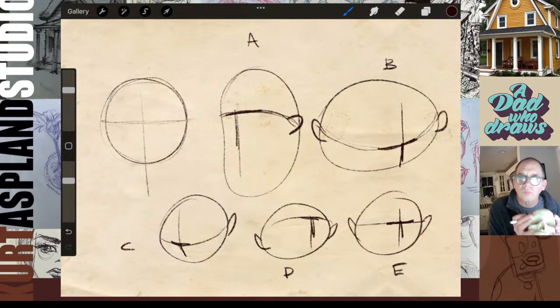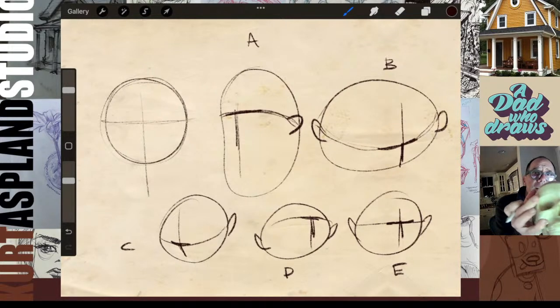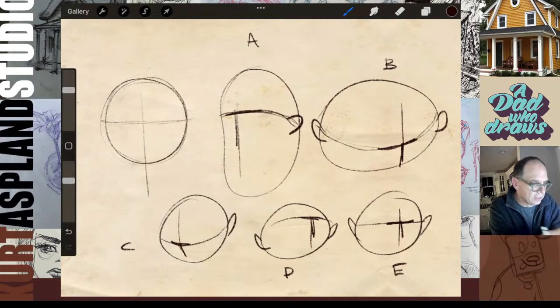So the temple is going to be right here on either side of the skull, right where my fingers are. And so that's the next thing we want to look for.